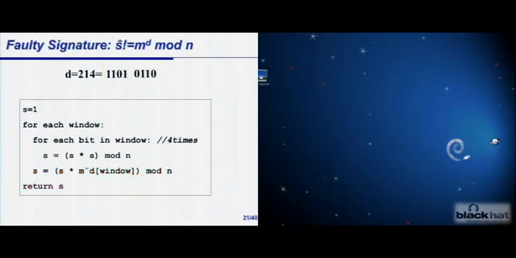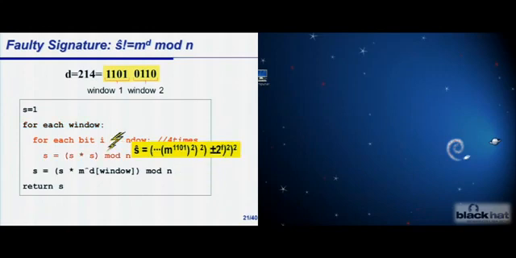Now what if there is a faulty signature? What type of faults do we want to see? The message comes in. The first squaring iteration doesn't need to do anything. Then we do the multiplication to m to the power of the first window. And let's say that when we're doing the next set of squaring, a fault comes in.